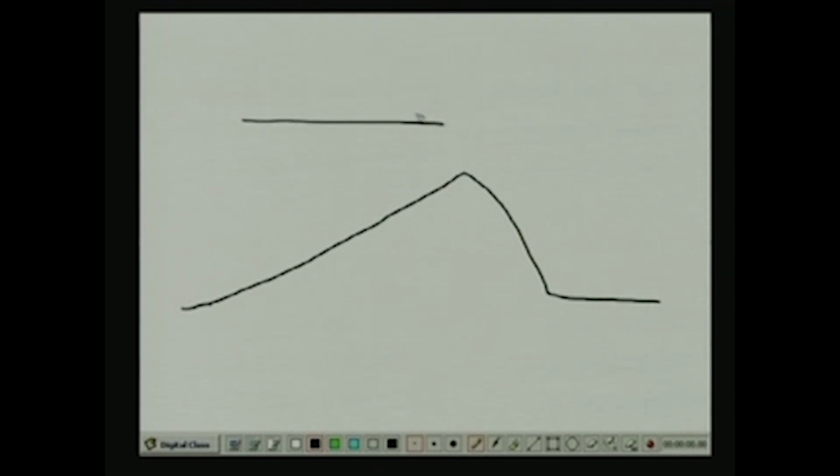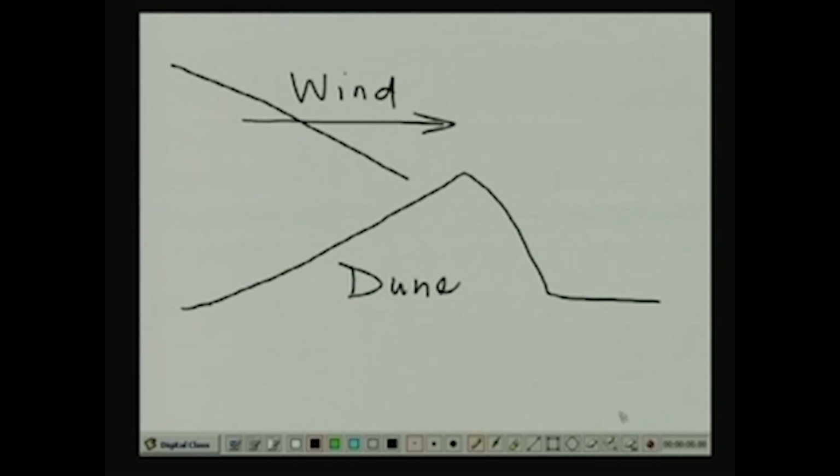In other words, if you think about a vertical section of a dune, it typically is going to take this kind of shape, and the direction of wind is going to be like this. So, this is the dune that we are considering here. Okay, so that is the other solution.